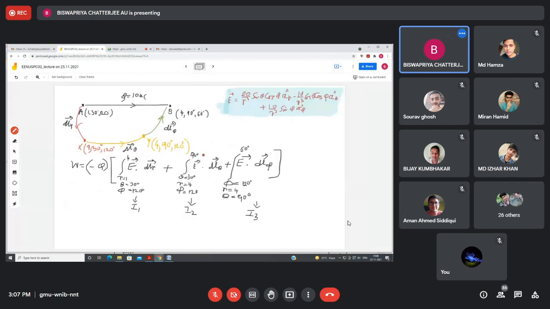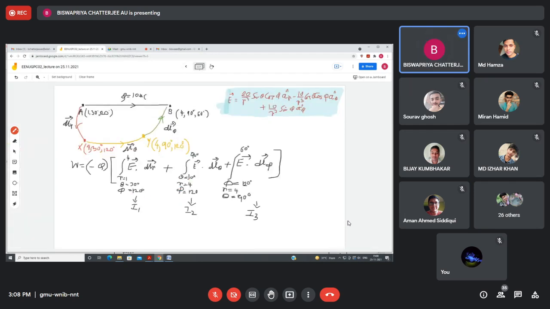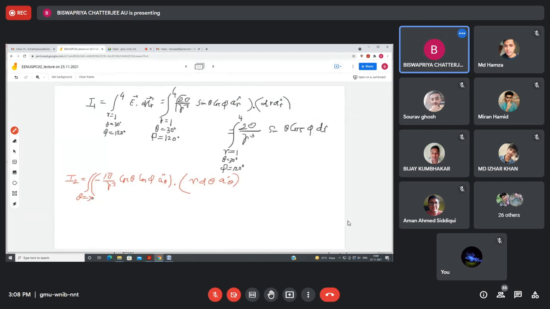Now for I2, dl theta is r d theta a theta cap. So the integration limit should be theta from 30 to 90, with r constant at 4 and phi constant at 120.